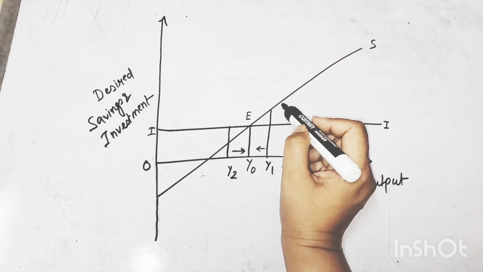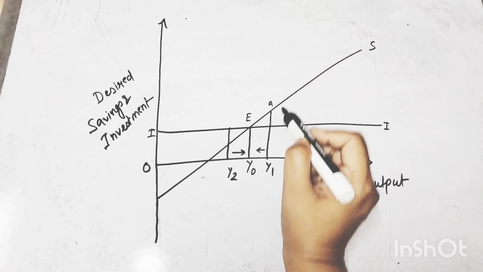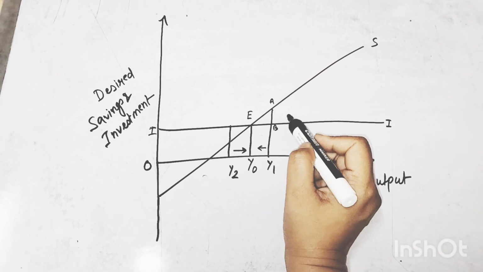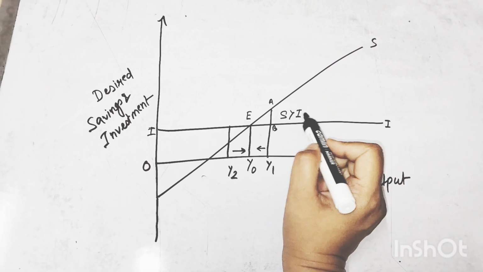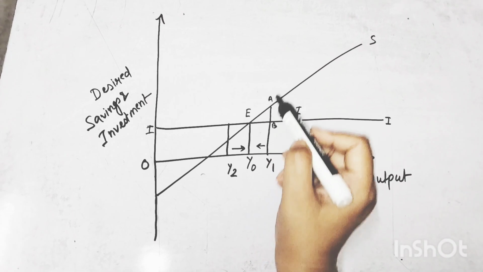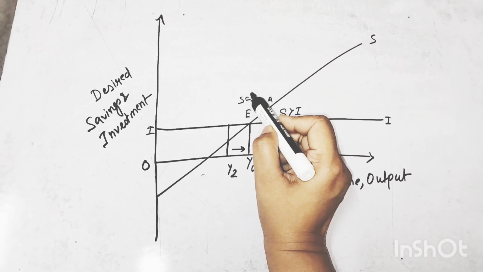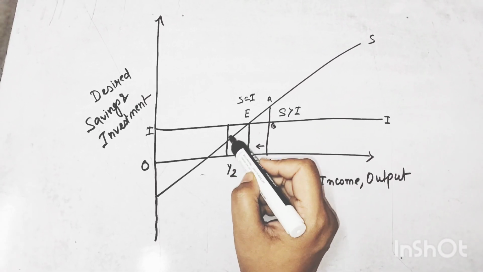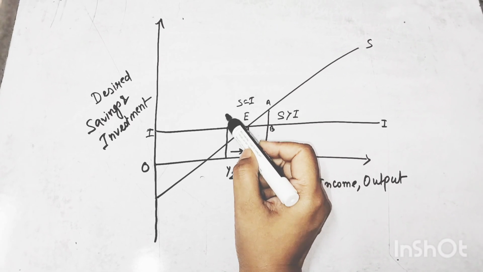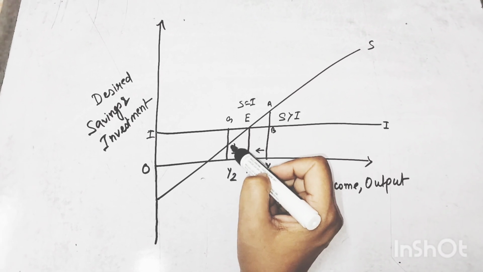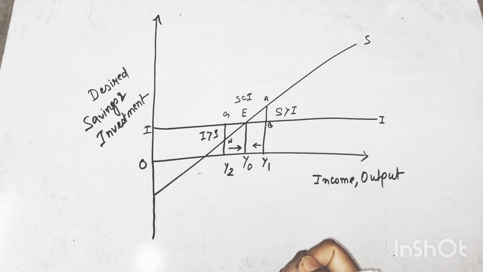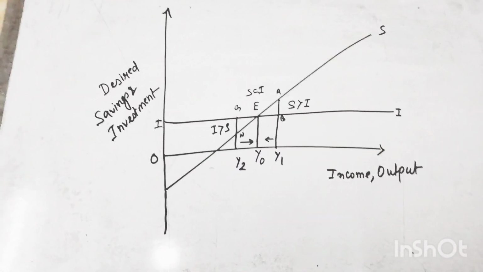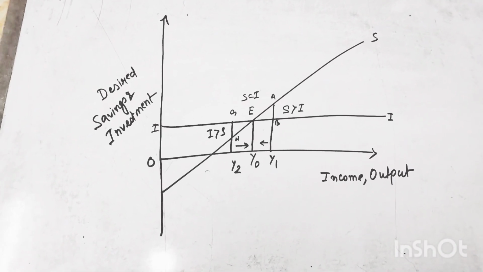Suppose I am considering these points as A and B, here S is greater than I, that means saving is greater than investment. At this point S equals I, saving equals investment, and at this point we are considering G and H, here investment is greater than savings. So this is the diagram.